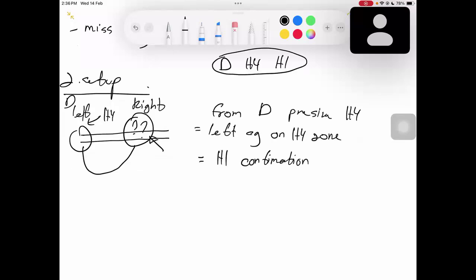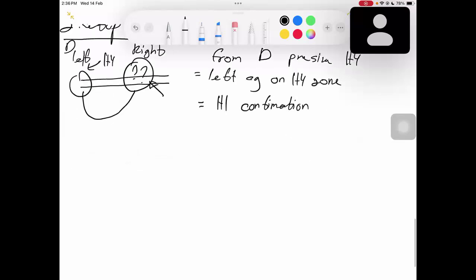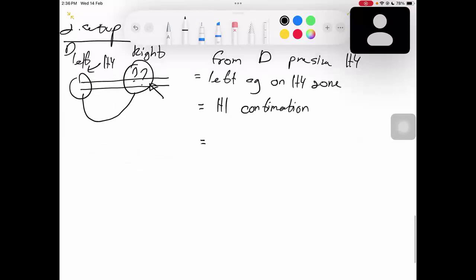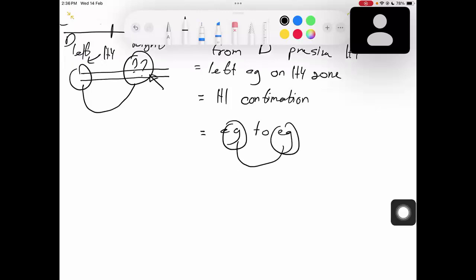What is the confirmation? The confirmation is the structure. You need to wait for EG to EG, this kind of structure, or EG to EF. So that's what we're waiting for. Yes, correct.